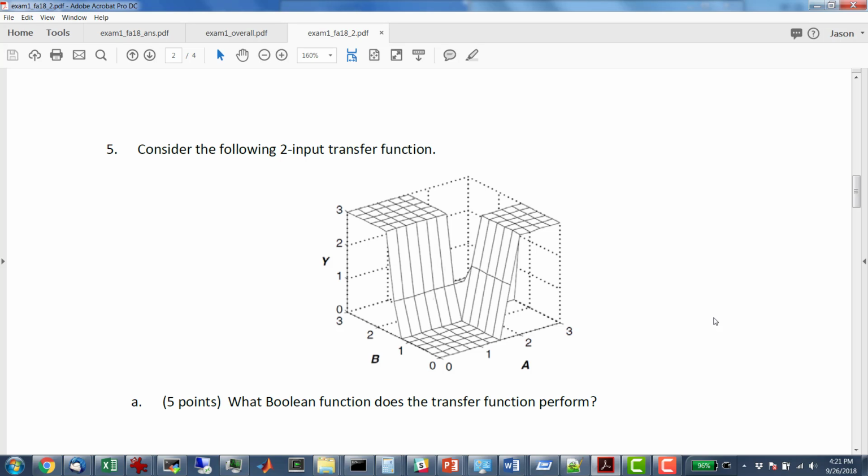XOR gates are a little strange because you can't make one in a single CMOS gate. If A and B are both 0, there's no way I can pull the output down to 0, because all my NMOSs would be off, effectively disconnecting the output from ground.